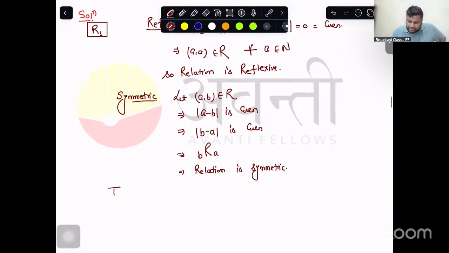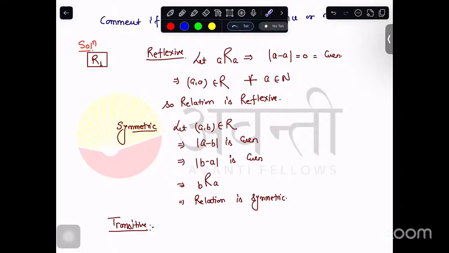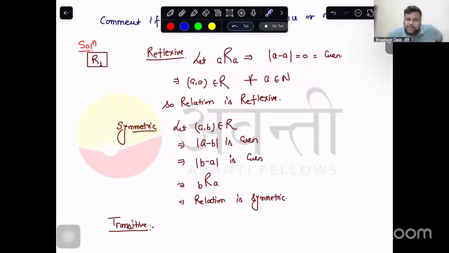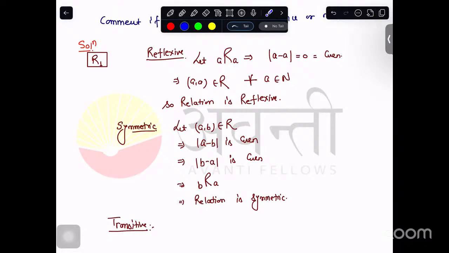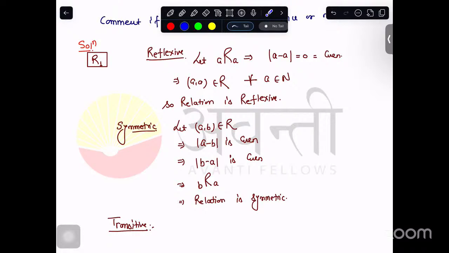Now let's come to transitive. Okay, again, Dhanush is asking. Dhanush, let us assume that (A, B) belongs to the relation. Do I pronounce your name correctly? Tanush. Okay. So let us assume that (A, B) belongs to the relation. That means the magnitude of A minus B is going to be even. Now, if |A minus B| is even, then |B minus A| is also even.